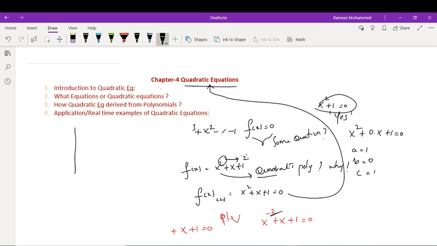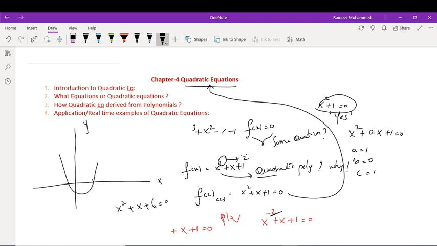Let's assume that you have a graph with an x-axis and a y-axis, and that x squared plus x plus 6 is the quadratic equation. When you plot this, you'll get something like this.